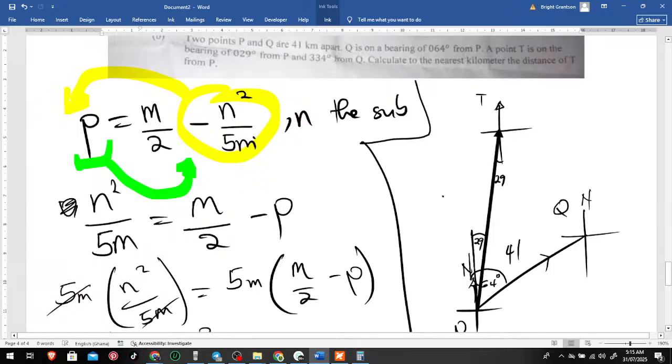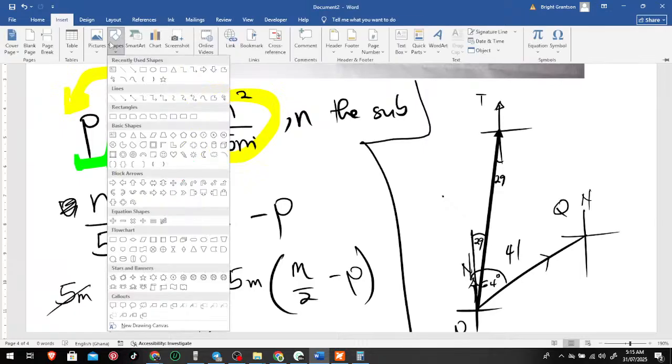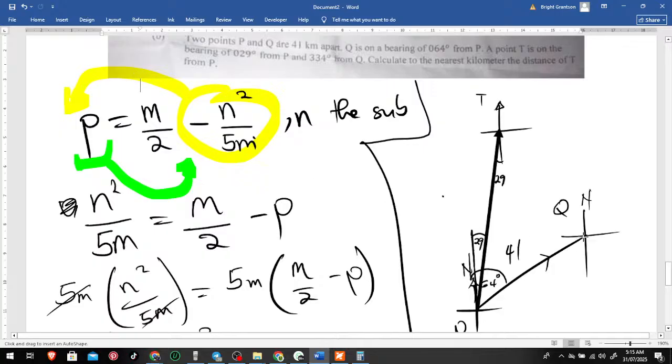Now the bearing of T from Q is 334 degrees. So let me draw another line from here to here.